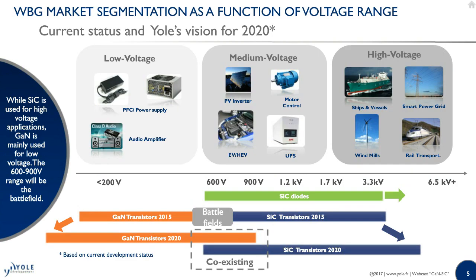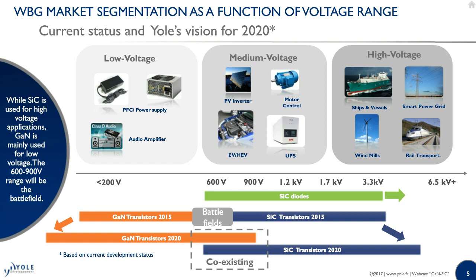So now we look at the market positioning of gallium nitride and silicon carbide. So far, silicon carbide devices cover from 600 V to 3.3 kV, and GaN is positioned up to the 600 volt range.